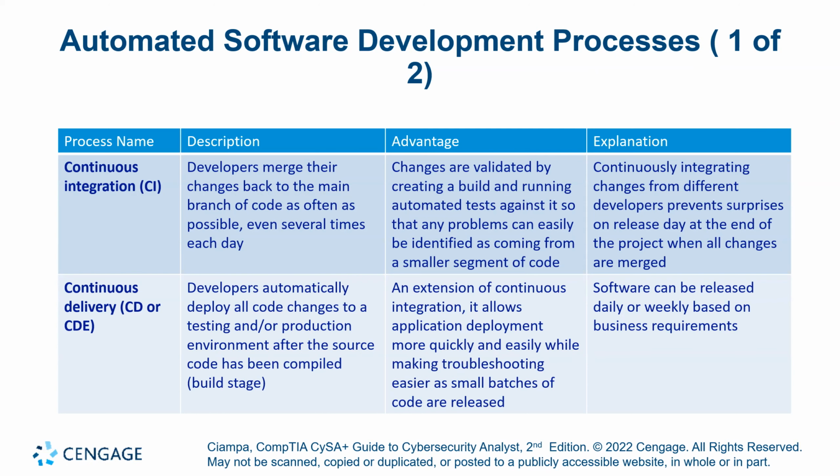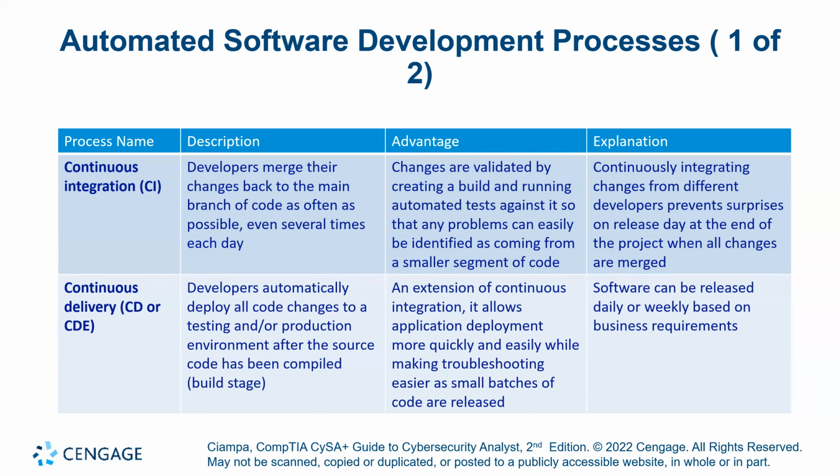The advantage: changes are validated by creating a build and running automated tests against it so that any problems can easily be identified as coming from a smaller segment of code. Explanation: continuously integrating changes from different developers prevents surprises on release day at the end of the project when all changes are merged.